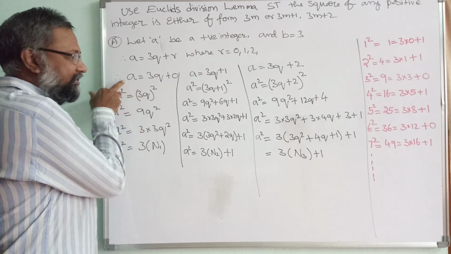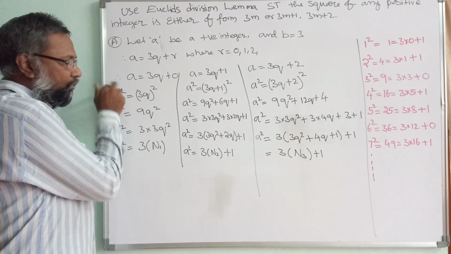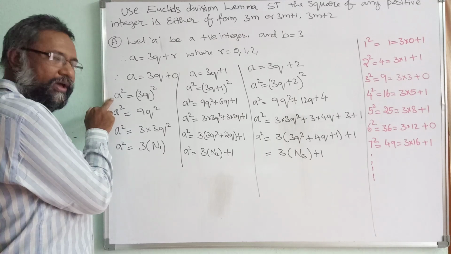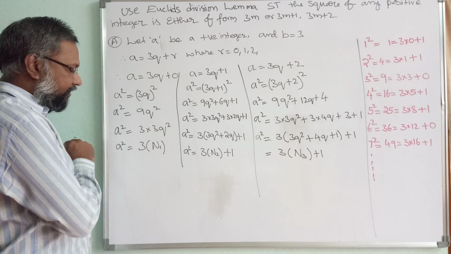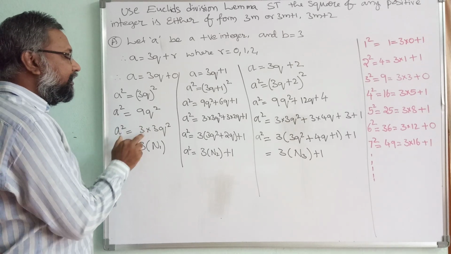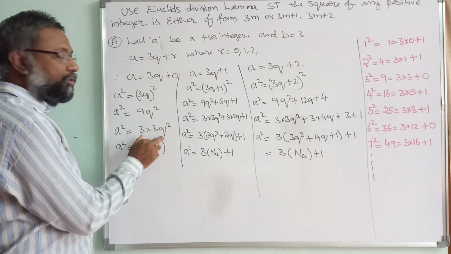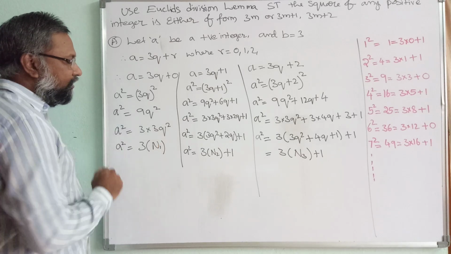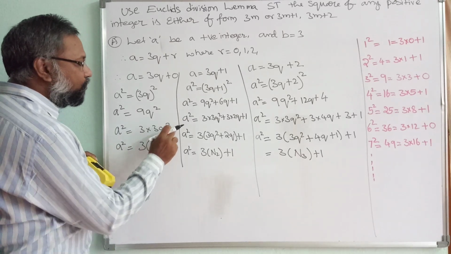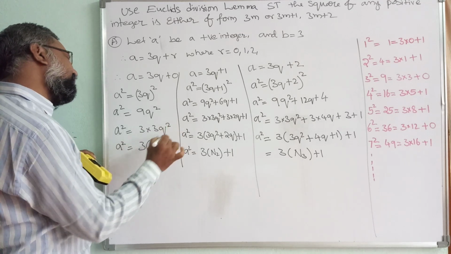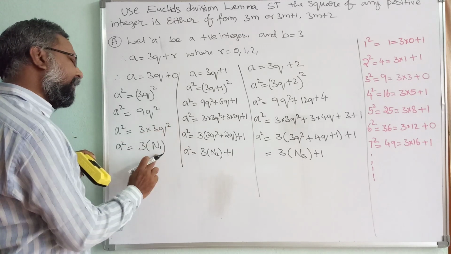So take a equal to 3q plus 0, square on both sides: a square equals 9q square, which we can write as 3 times 3q square. I am going to separate 3q square, which is a number.